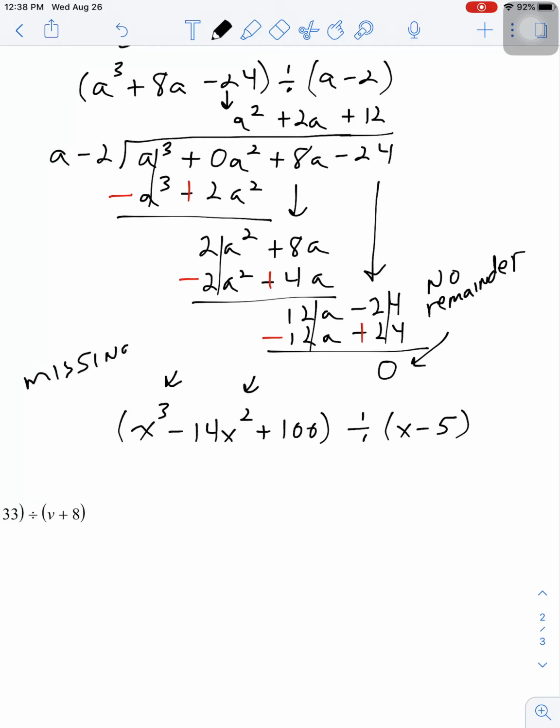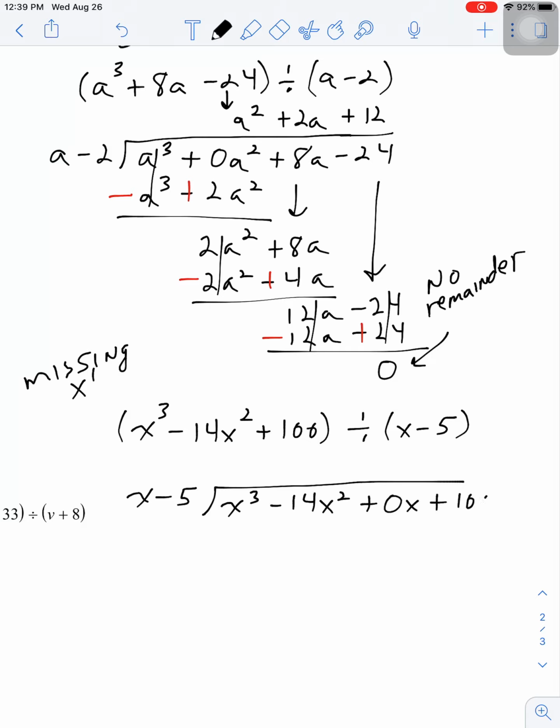So on this one, I'm missing x to the first. So when I go to write my problem, I have to account for that. So I have my x minus 5 out here divided by x cubed minus 14x squared plus 0x and then plus 100.